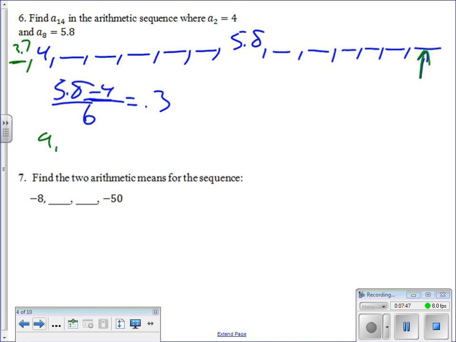A sub 1 is 3.7. Now I have my first term, I have D, I have how many terms? I can plug it in the formula. A sub 14 is the first term plus 14 minus 1 times 0.3, and the 14th term is 7.6. If I add 0.3 repeatedly to get to the 14th term, I'll get it the same way. Either way will work.